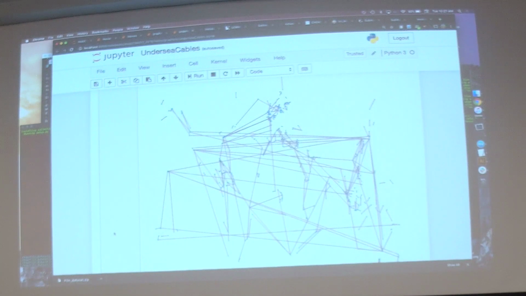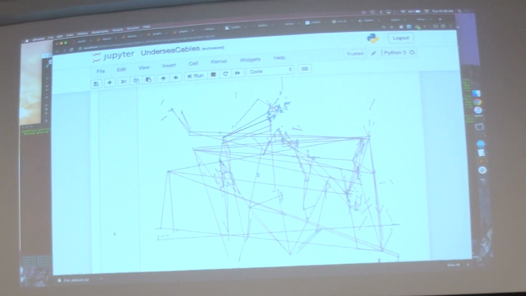If I had done the full data set, would we expect there to be a single connected component or multiple pieces? What do you think? Yeah, so it's the internet, right? We're looking at a map of the internet, so hopefully it's connected.